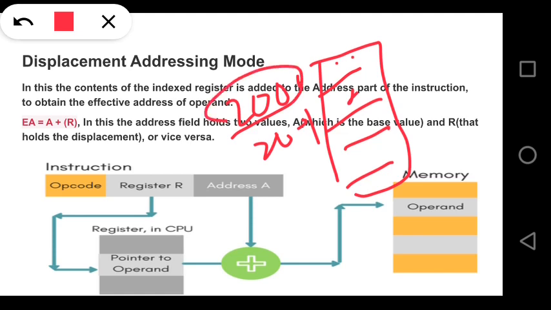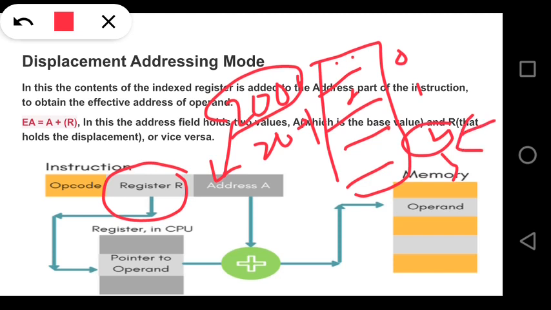So this base address is mentioned in the instruction, and the index register contains the index 0, 1, 2, 3. So if I want to access the third memory location, that is index 2, add 2000 plus 2. Mention 2000 in the instruction, and the register contains 2. So next time if you increment the register value, it is incremented to 3, and we get the next array element.